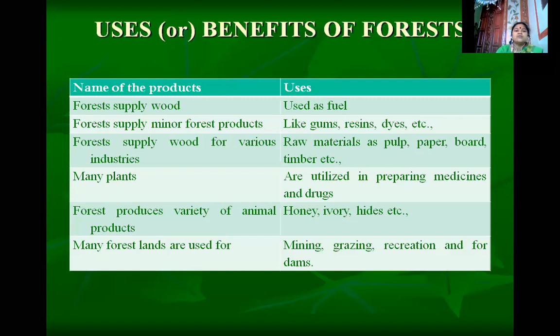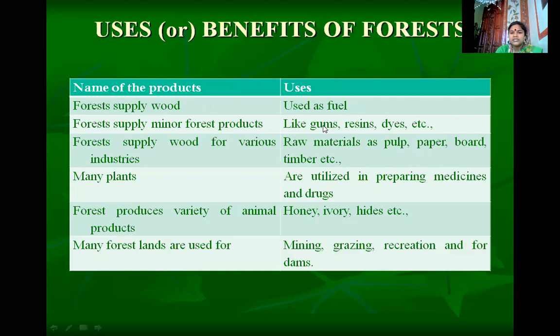What are all the uses and benefits? Look at this table. Forests supply wood, so it is used as fuel or for building, for construction of wood houses. I told you already. Forests supply minor forest products. And what are all the minor forest products?